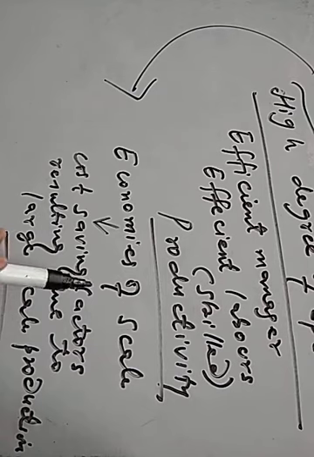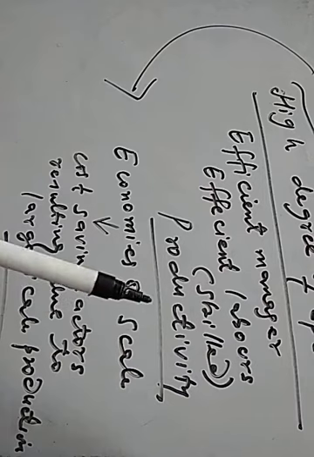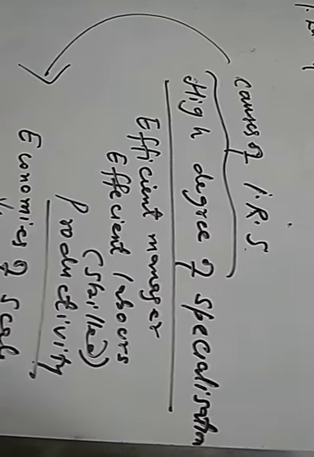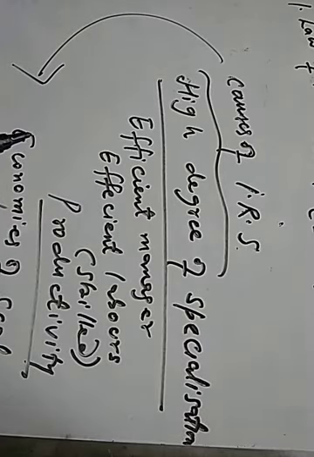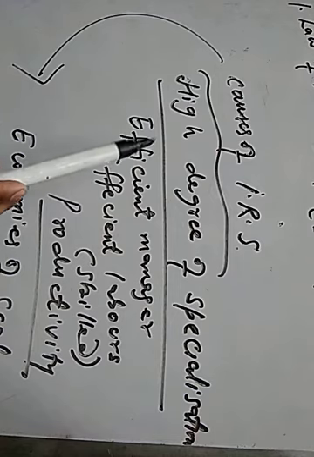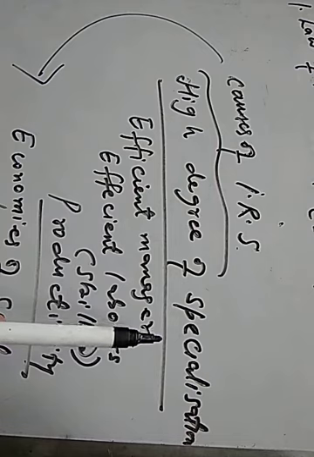These economies of scale available to a firm, to a producer, encourage him to increase the level of production. And these cost saving factors are in the form of managerial and technical indivisibilities, or in the form of high degree of specialization of manpower, such as skilled managers and skilled laborers, whose productivity will be very high.